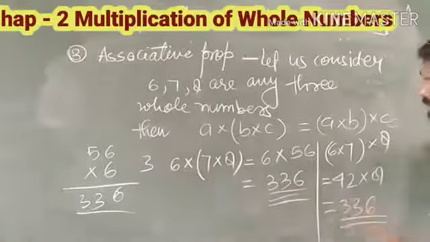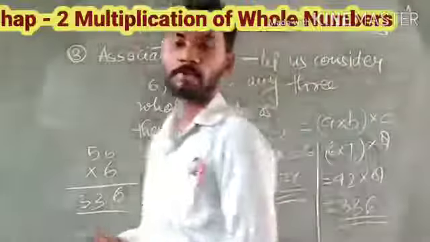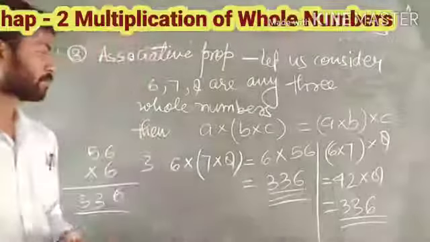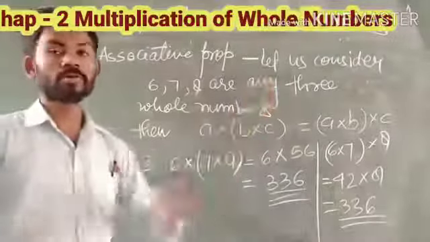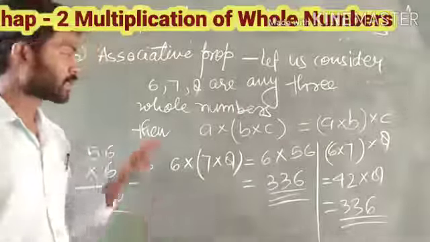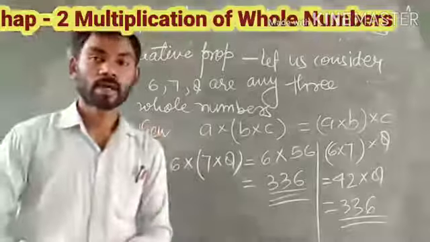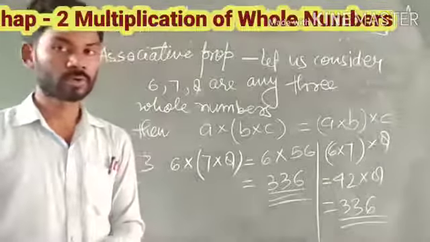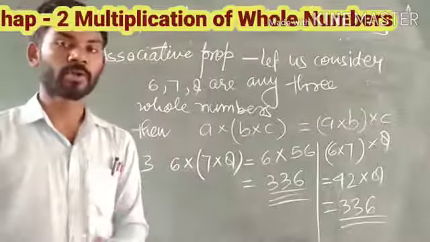So in both cases we can see that the product is 336. Therefore left hand side is equal to right hand side. So we can say that the associative property under the operation of multiplication holds good for whole numbers.